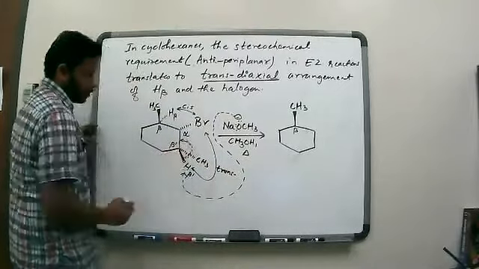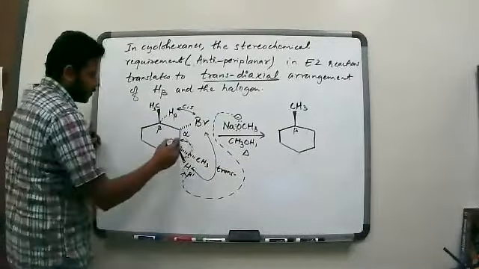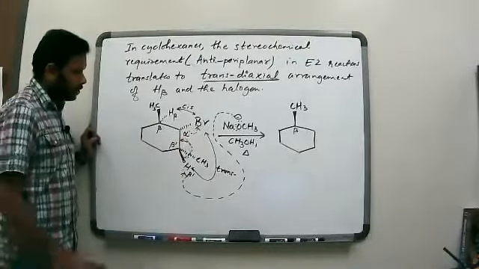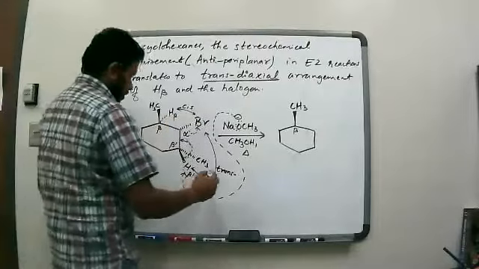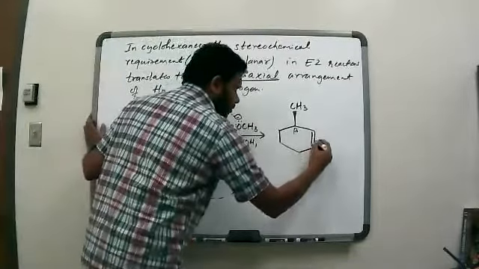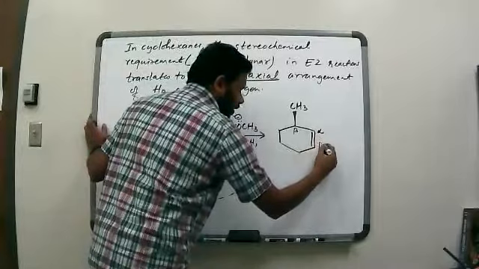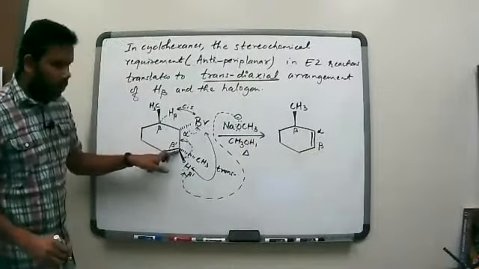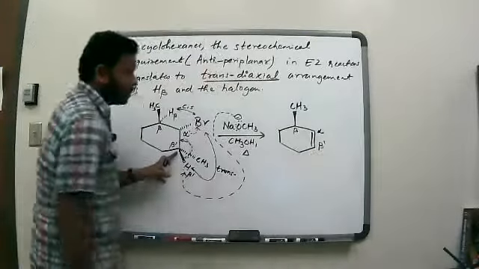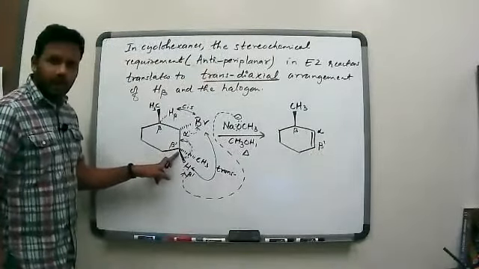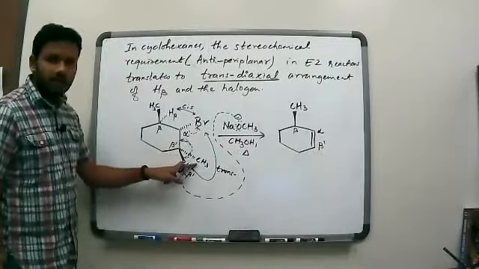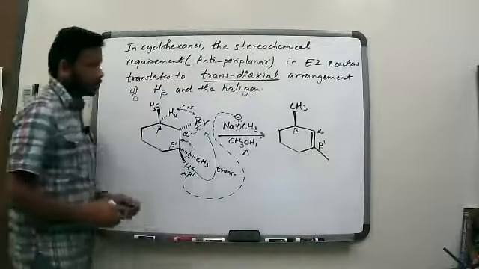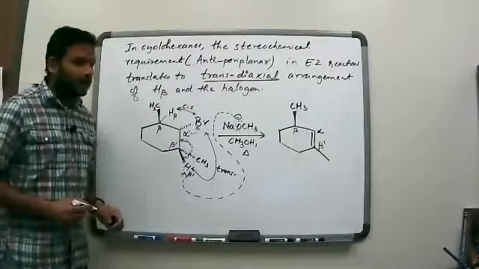Those electrons drop into the space between alpha and beta prime, and the Br gets kicked out. Okay, so E2, and so what we're going to get is a double bond between alpha and beta prime, and now since the beta prime carbon is sp2 hybridized, this methyl group is not going to be on a dash. It is basically a straight line. So that will be our product.